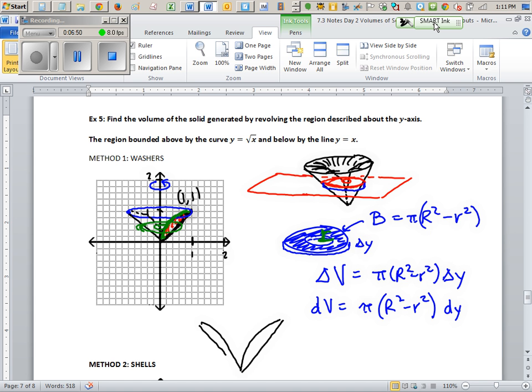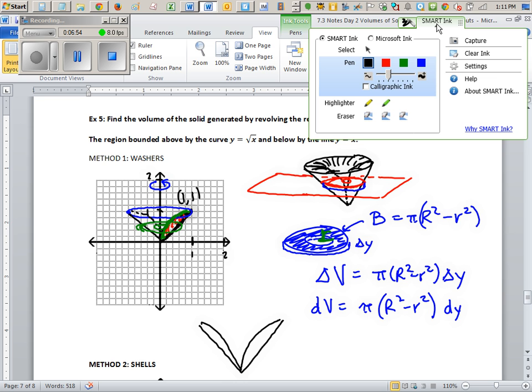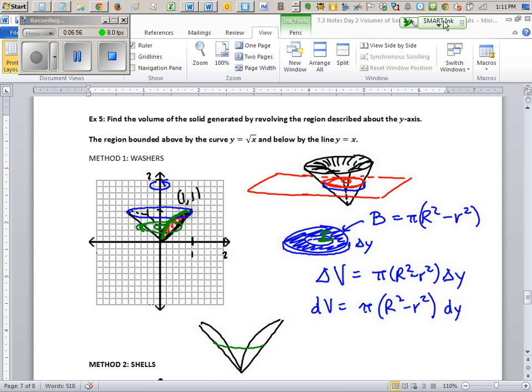Here's what's going on. You've got your washer here, like that. And this is your inner radius. It's centered right on the y-axis.